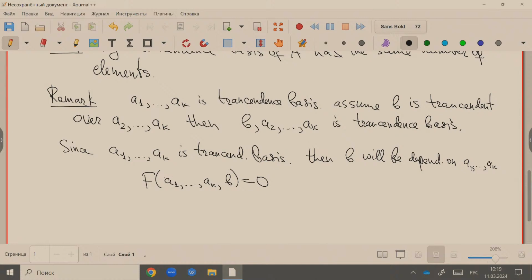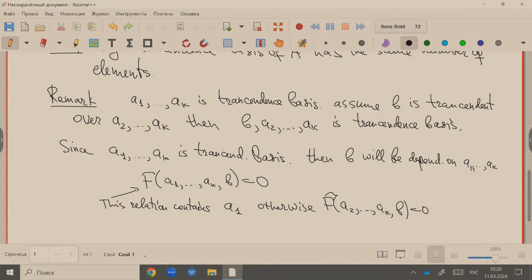And what you know about this is that this relation contains A1. Otherwise you have f of A2, ..., AK, B is equal to 0.